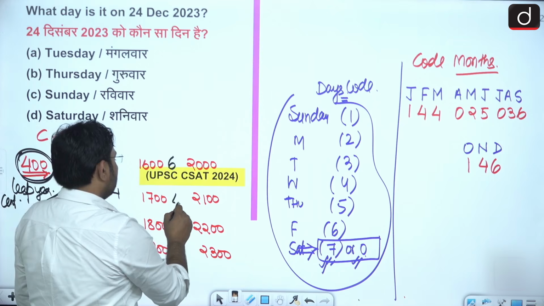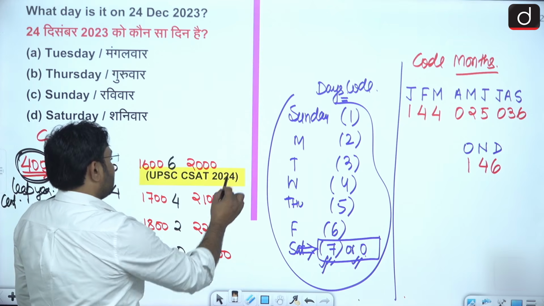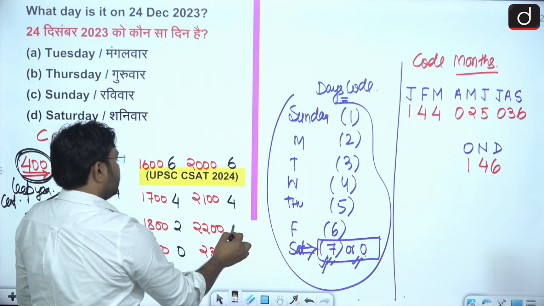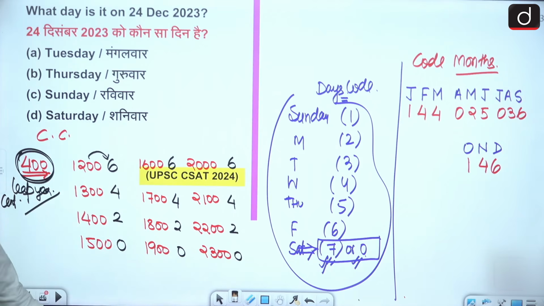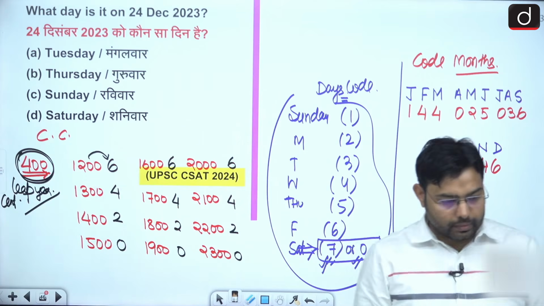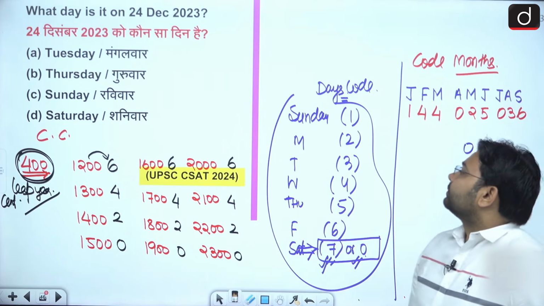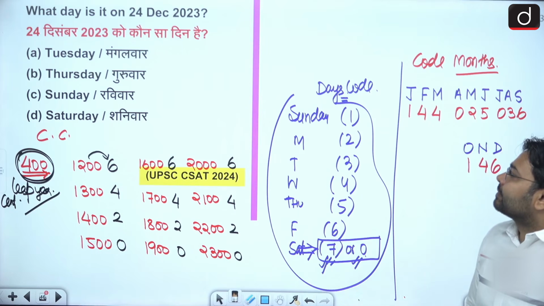Again 6, 4, 2, 0. Again this is 6, 4, 2, 0.